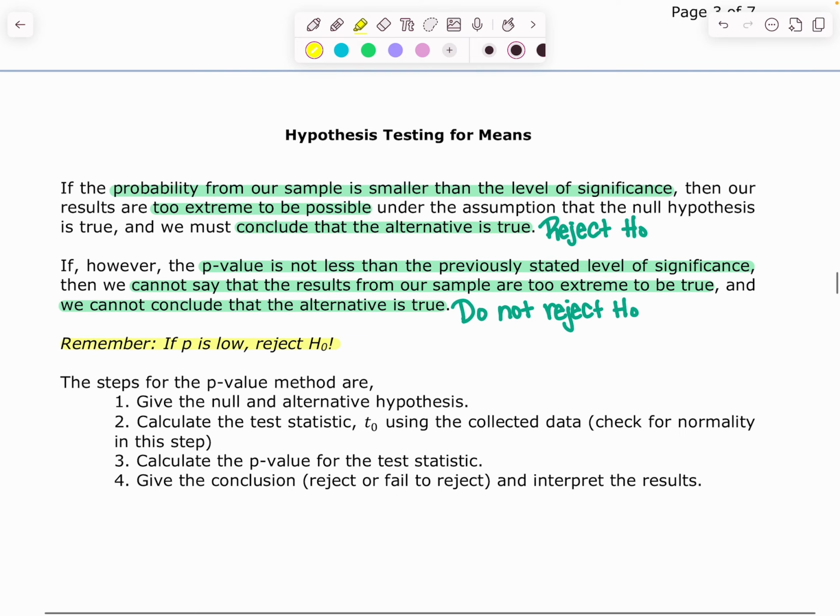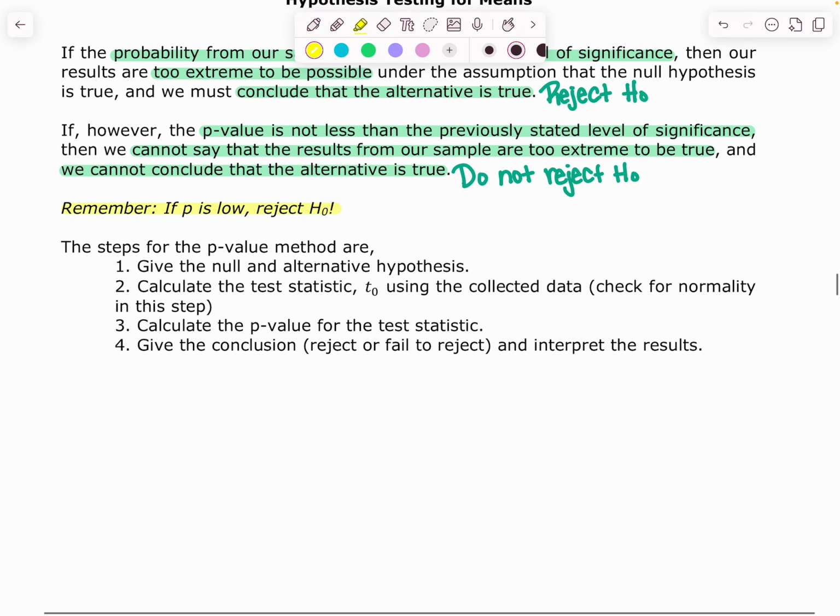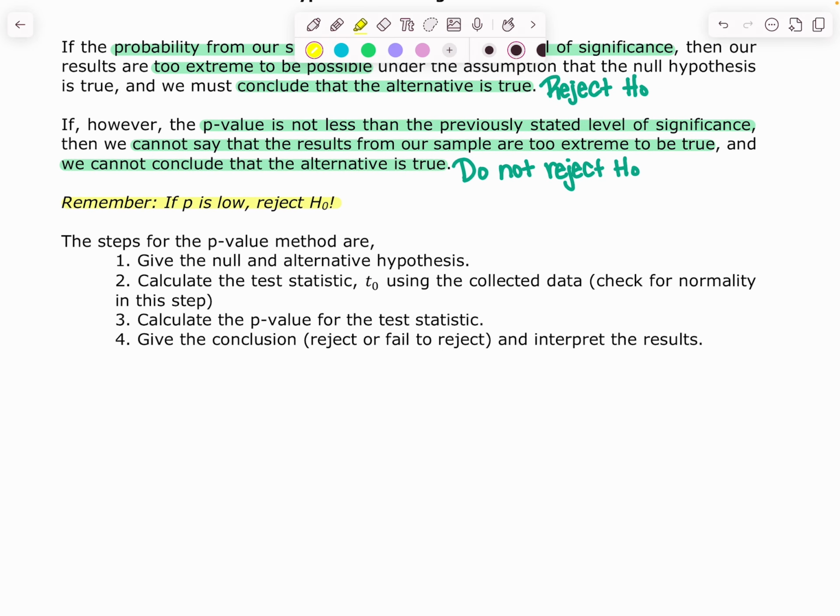And then our steps for completing the p-value method. They're very similar, again, to that of a proportions hypothesis test. The first step is to give the null and alternative hypothesis. Then calculate the test statistic. This time our test statistic is a t-score.